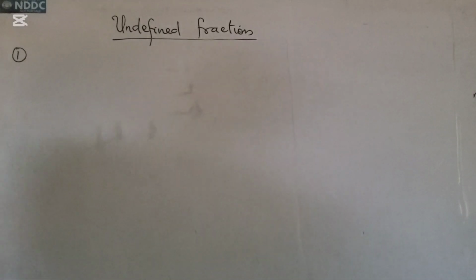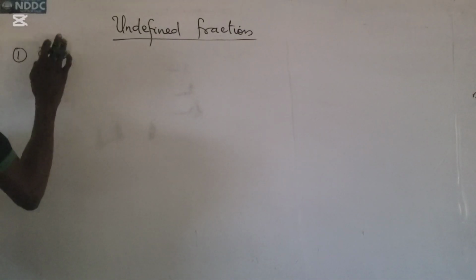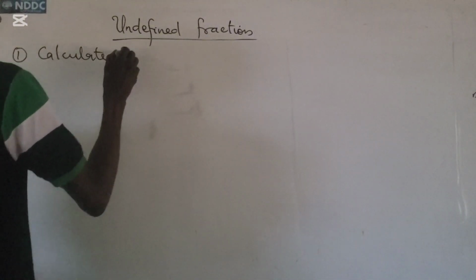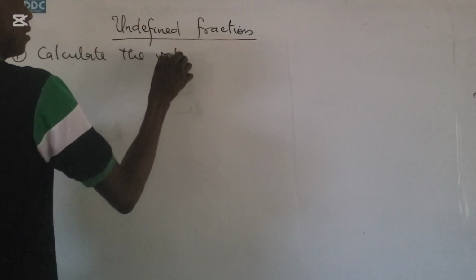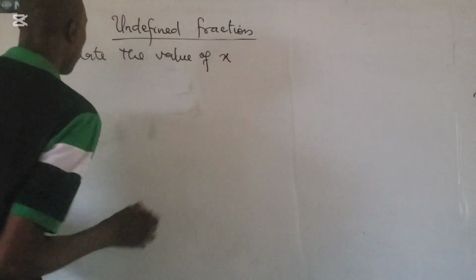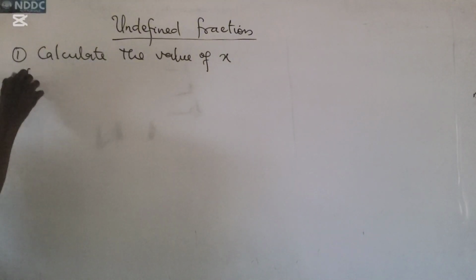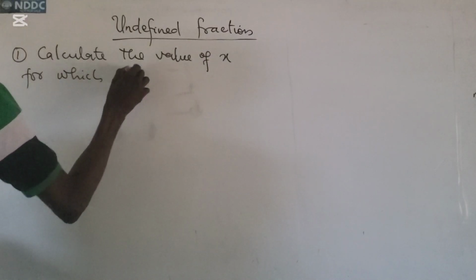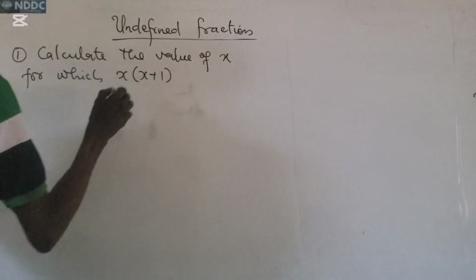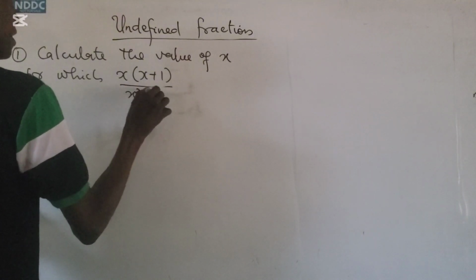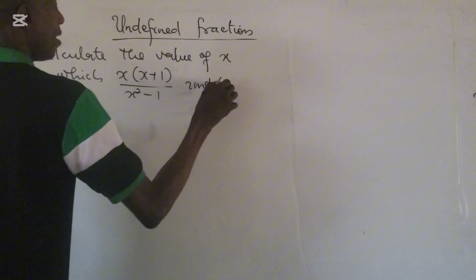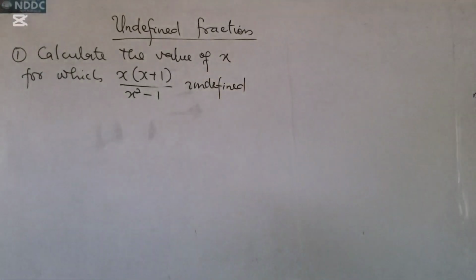Example number 1. Calculate the value of x for which x into x plus 1 over x squared minus 1 is undefined, for which this expression is undefined.